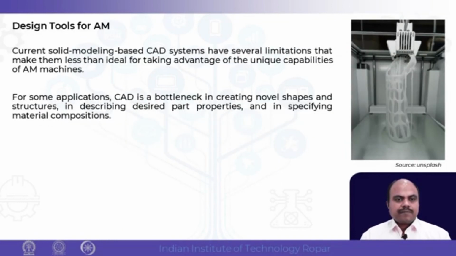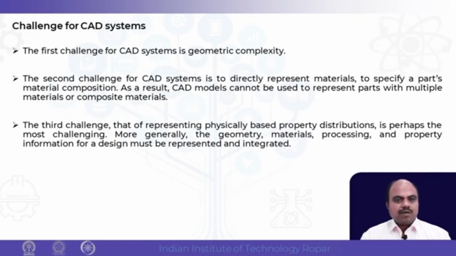So when we are talking about the additive manufacturing process, we should also understand it is not just about benefits; some limitations are there. The limitations with respect to CAD models also, CAD systems. So what are the limitations of CAD systems? CAD systems which are there: ProE, I-DEAS, Unigraphics, NX, SolidWorks, CATIA, Rhino.